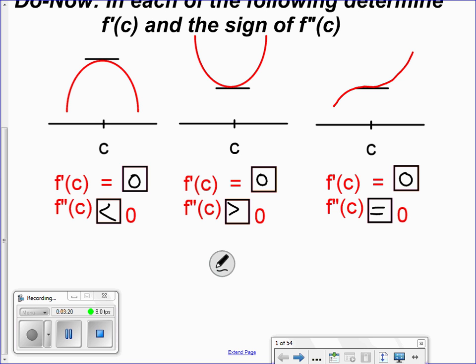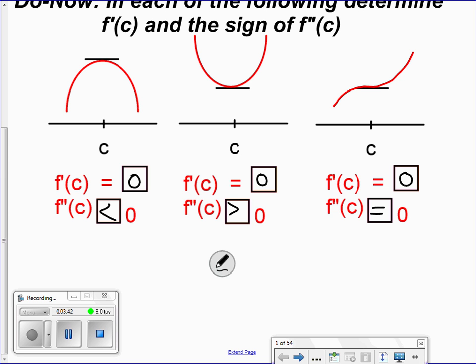You find the first derivative and see where it's 0, which is the case in each one here, because that tells you where you have a horizontal tangent. Let's say it's 0 at 3. And you plug 3 into the second derivative, and you get a negative number.